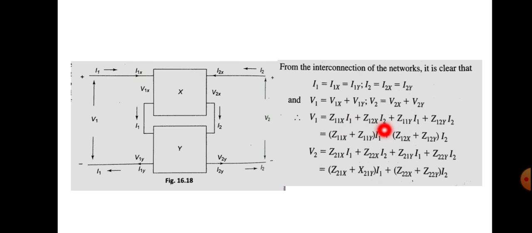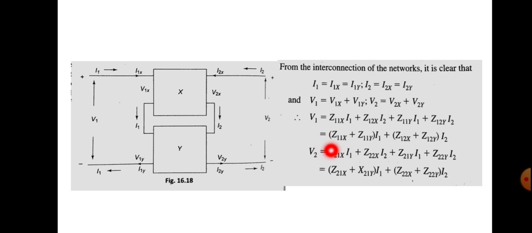In these terms, I1 is common, so you can take I1 outside. You will get V1 equal to Z11X plus Z11Y into I1, plus, taking I2 outside, Z12X plus Z12Y into I2. This is the equation for V1 when the two networks X and Y are connected in series.